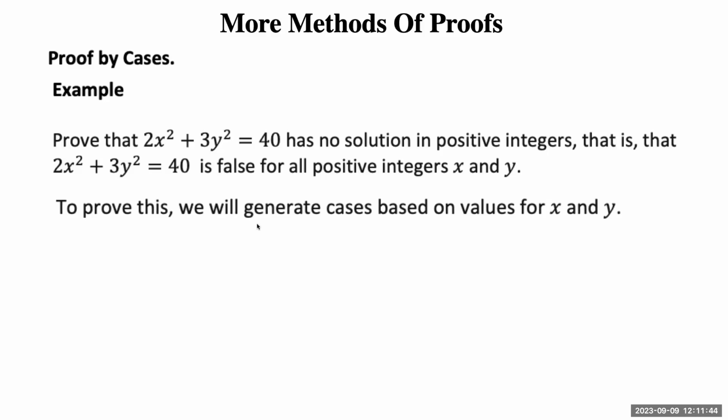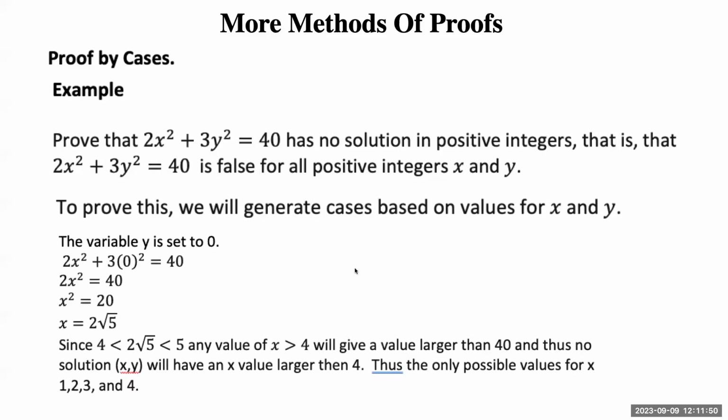To do this, we're going to generate cases based on values of x and y. First, let's take y and set it equal to 0. Then I have 2x squared plus 3 times 0 squared is 40, which means 2x squared is 40, which means x squared is 20, which means x is 2 square root of 5.